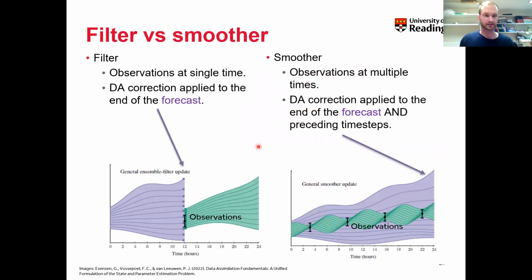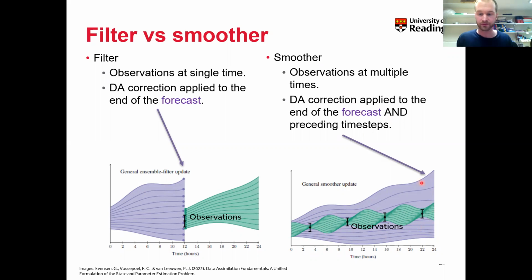In filters like the Kalman filter I just showed, the data assimilation correction is applied at the same time as the time for which you got the observations. In a smoother, the correction is applied at the end of your forecast, and a set of preceding times. I call this the analysis window.